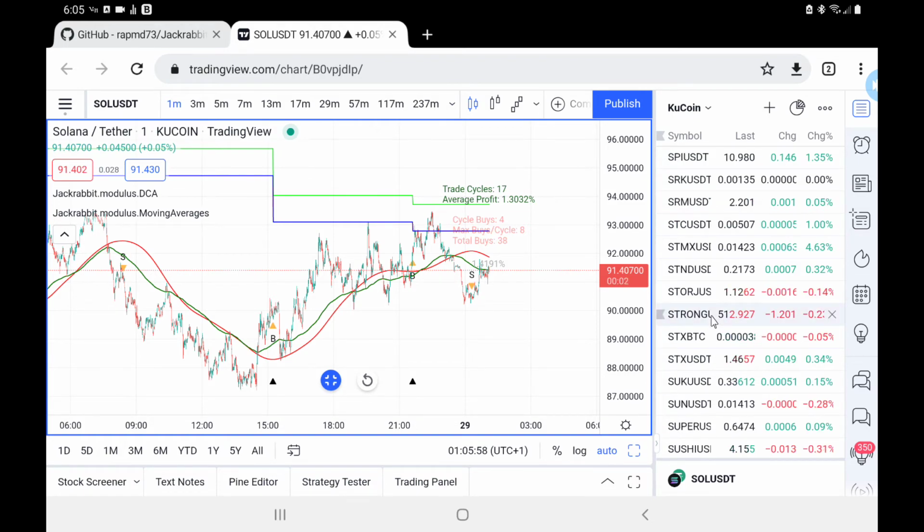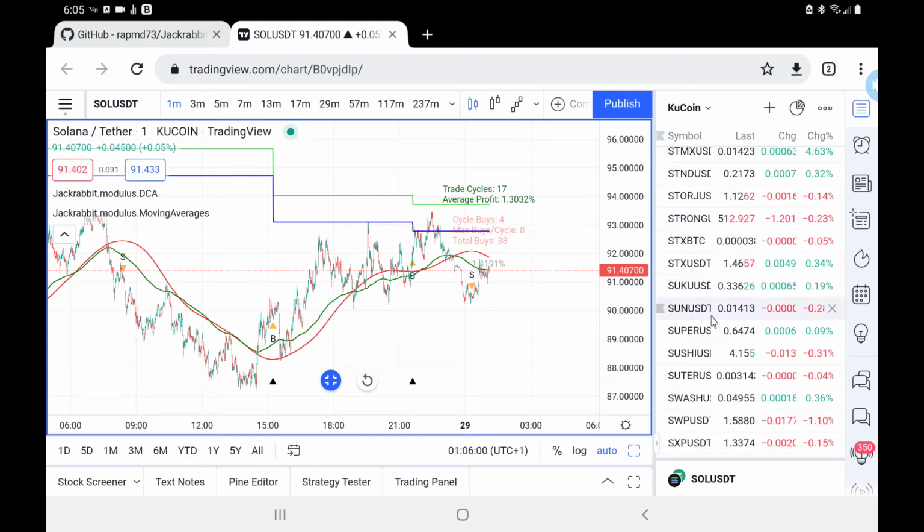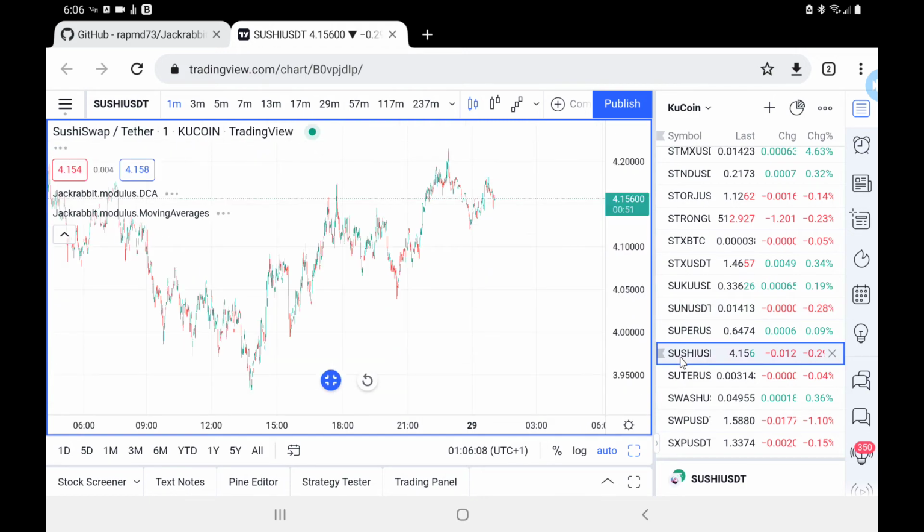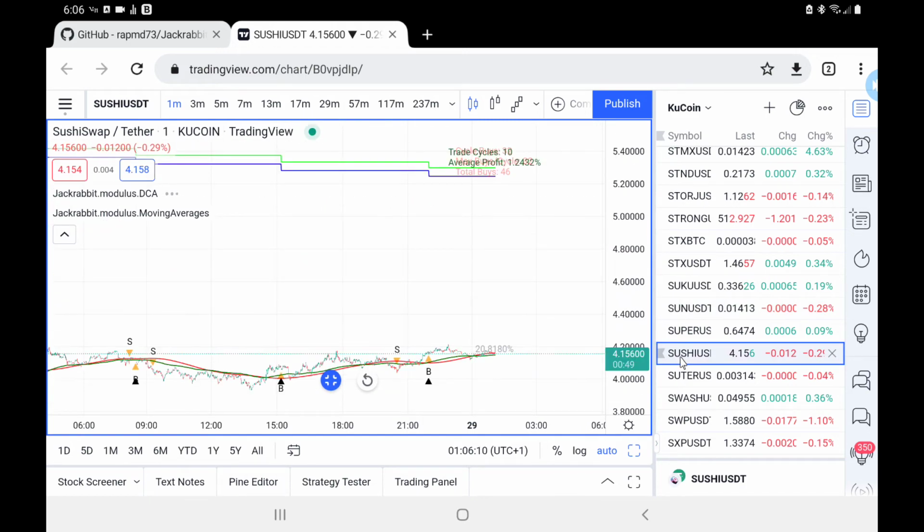Now let's find Sushi. For some reason that seems to have a lot of people's interest. And it's not too shabby here, that's for certain.